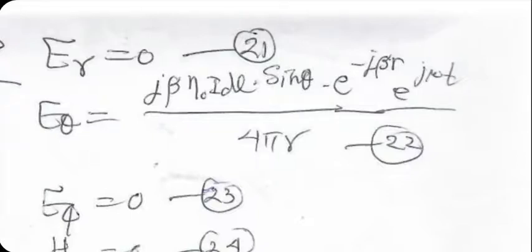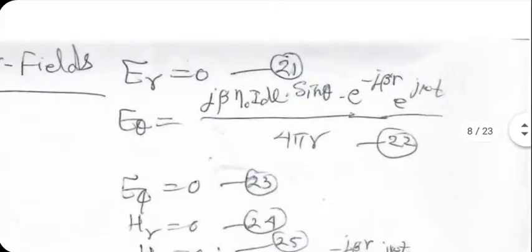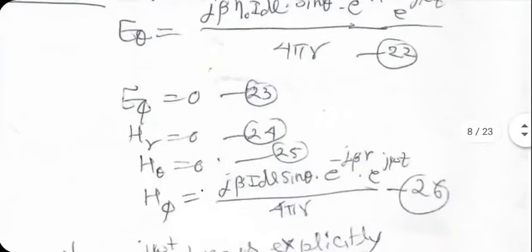It will not change the magnitude of the field. And of course, E theta is inversely proportional to the distance. If at a certain distance you see E theta equal to, let's say, 2 millivolt per meter, and you double the distance, it will go to 1 millivolt per meter.